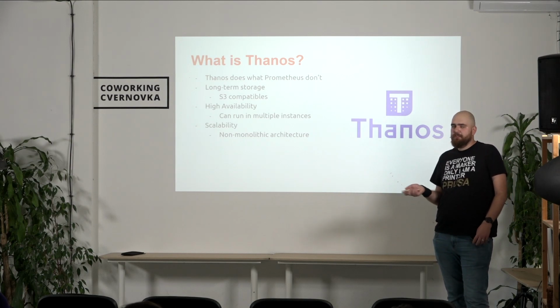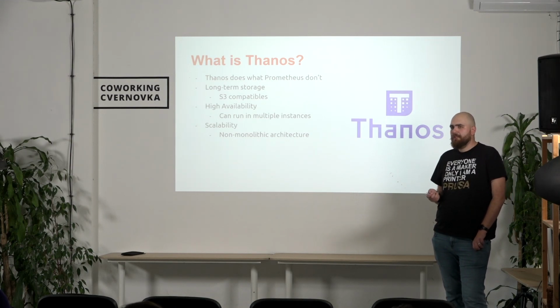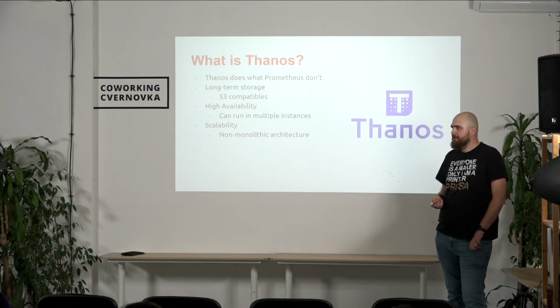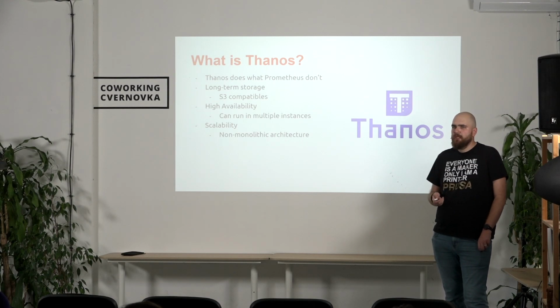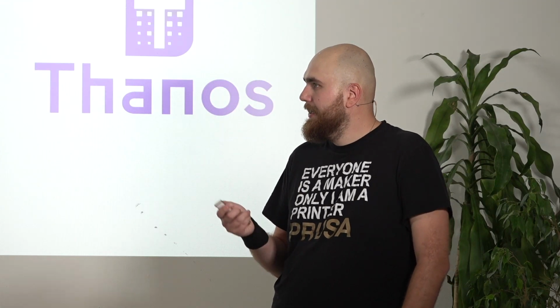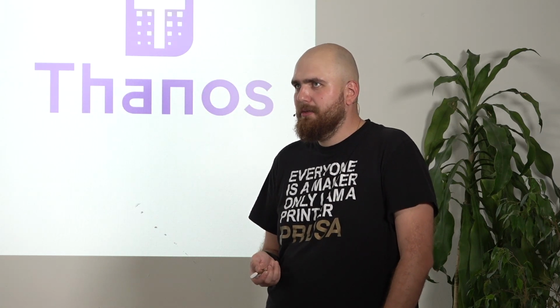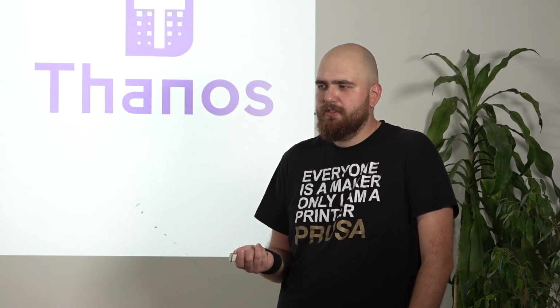Prometheus is one binary. So you can technically scale Prometheus into 2 instances, but you are technically running 2 Prometheus instances that both scrape the data from all the endpoints. And scalability. Thanks to the non-monolithic architecture, you can scale every available component of Thanos, and you can speed up, for example, query processing.